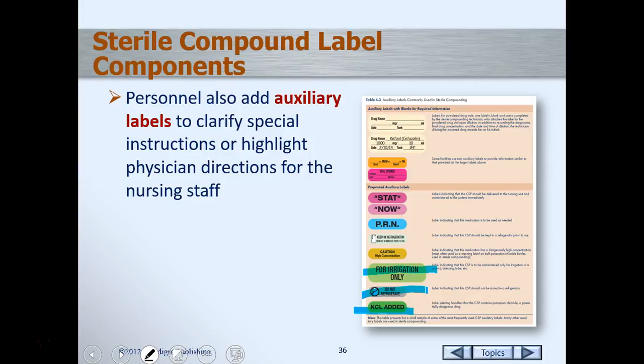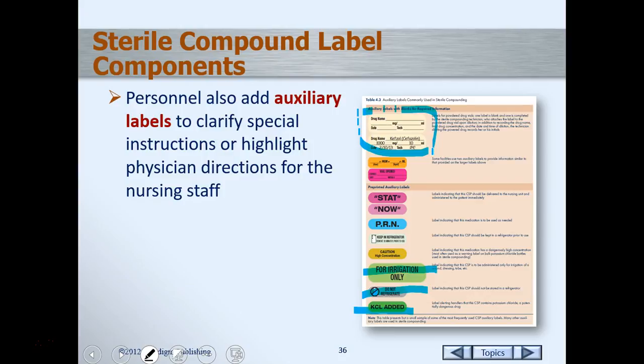Now here we have some drug labels. When we talk about the risk factors associated with sterile compounding, one of the levels is immediate use. So someone prepares an IV at bedside, but they're not the person who's going to hang the IV.